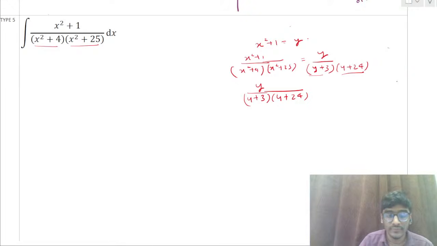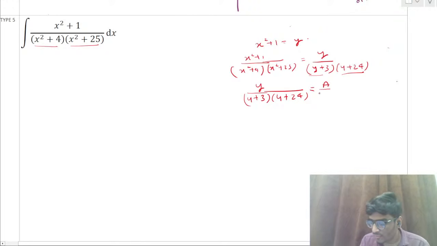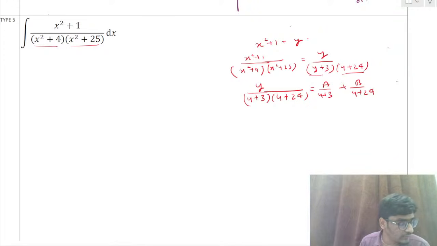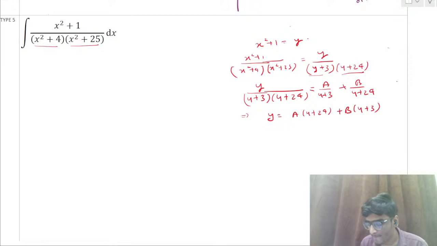Okay. So we can write y upon y plus 3 times y plus 24 as a upon y plus 3 plus b upon y plus 24. So this implies y equals a times y plus 24 plus b times y plus 3.